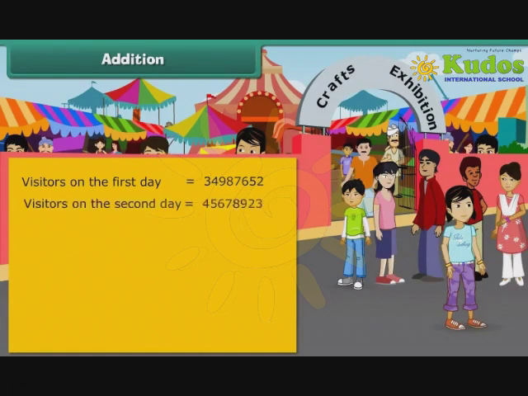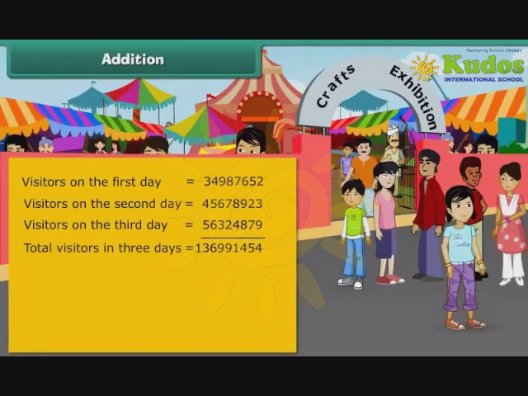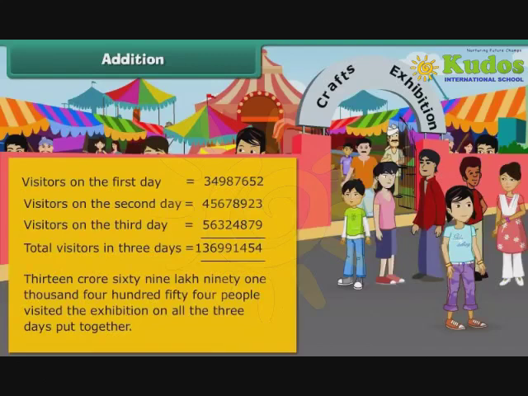Visitors on the second day is equal to 45678923. Visitors on the third day is equal to 56324879. Total visitors in 3 days is equal to 136991454. 13 crore 69 lakh 91,454 people visited the exhibition on all the 3 days put together.